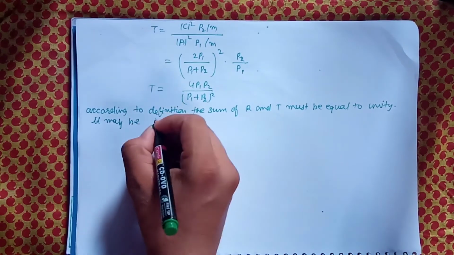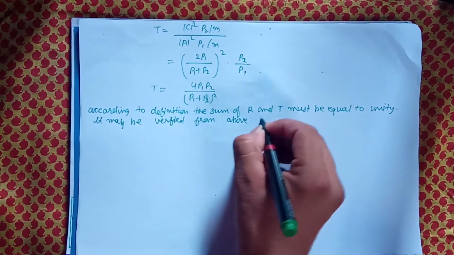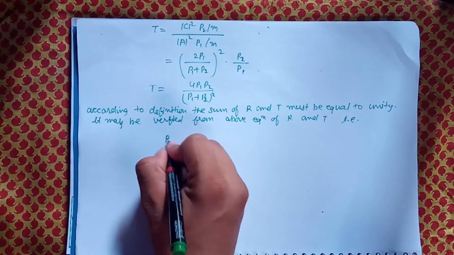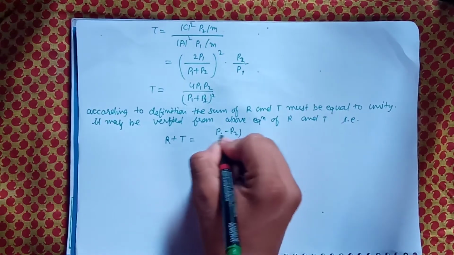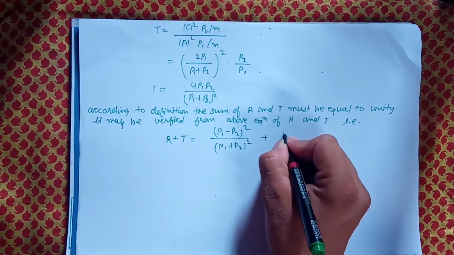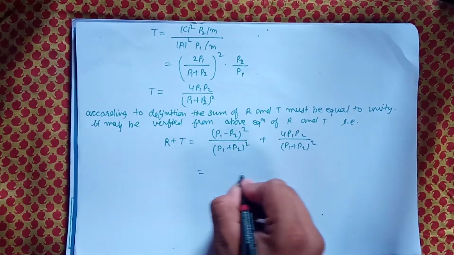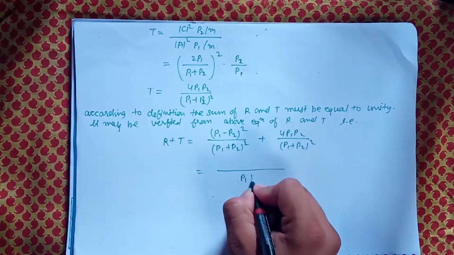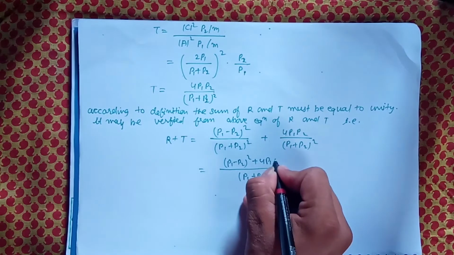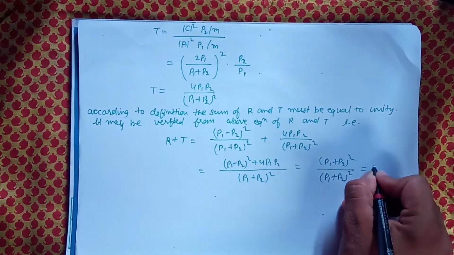It may be verified from above equation of R and T, that is R plus T is equal to (P1 minus P2) whole square over (P1 plus P2) whole square plus 4p1 p2 over (P1 plus P2) whole square. That is (P1 plus P2) whole square over (P1 plus P2) whole square, that is unity.